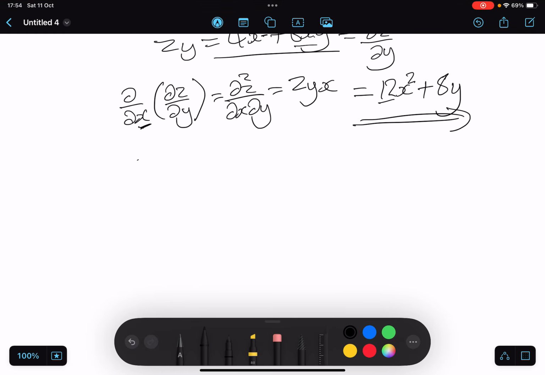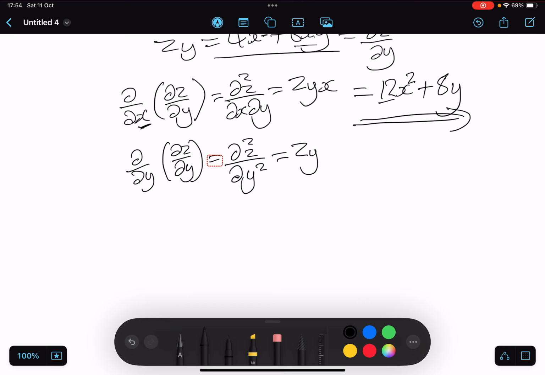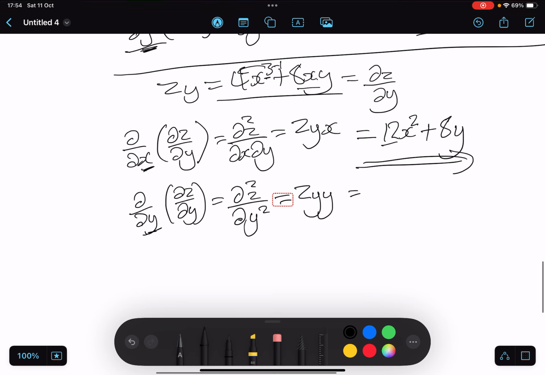Now we're differentiating with respect to y, differentiating dz/dy again, which is equal to d squared z over dy squared. Now x is a constant here.